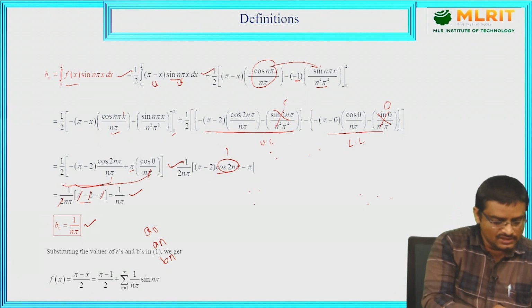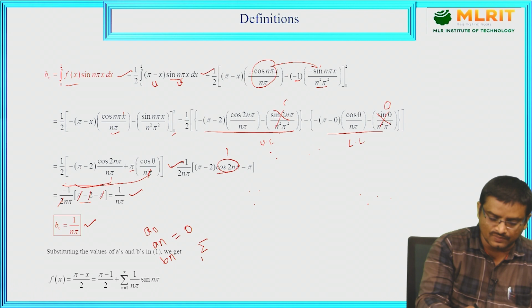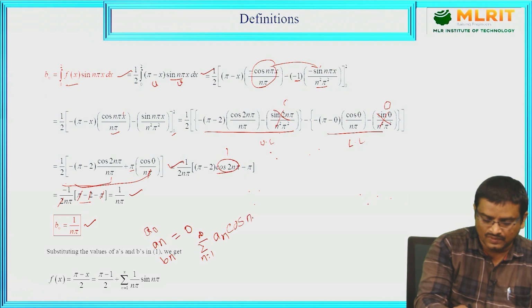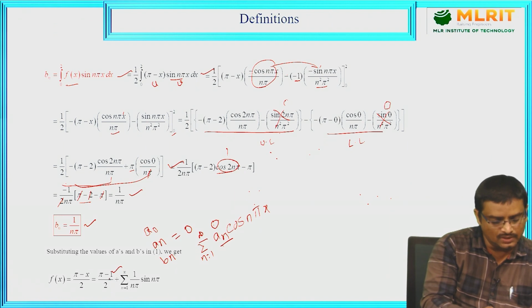So this is the function f of x is equal to, so since we got An is equal to 0, so in our standard formula we can neglect this summation, this term n is equal to 1 to infinity An into cos n pi x. So we can neglect this because we got this value is equal to 0. Now the first term is A naught by 2, A naught we got that value is equal to pi minus 1 by 2 plus summation.